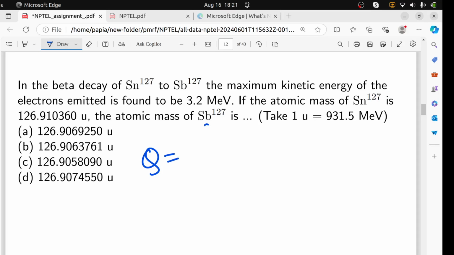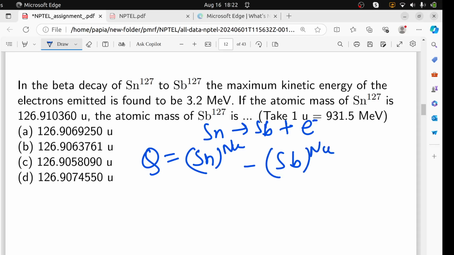Let's say if Sn goes to Sb, then it is plus an electron, E minus. So the Q value will be the nuclear mass of Sn minus the nuclear mass of Sb, minus the mass of the electron. Since the electron is not a nucleus, its mass is simply written like that.